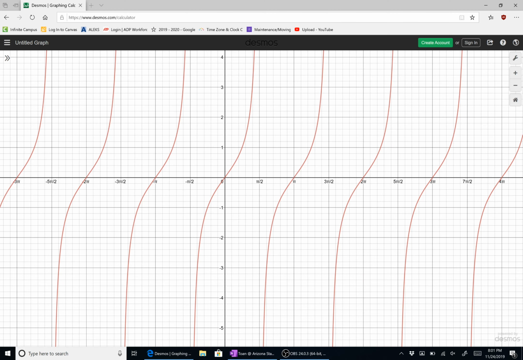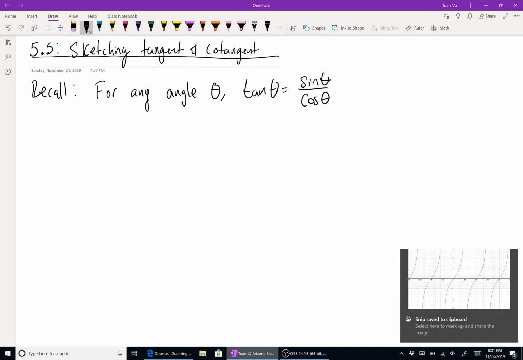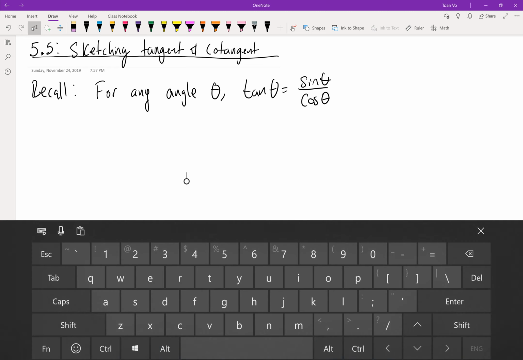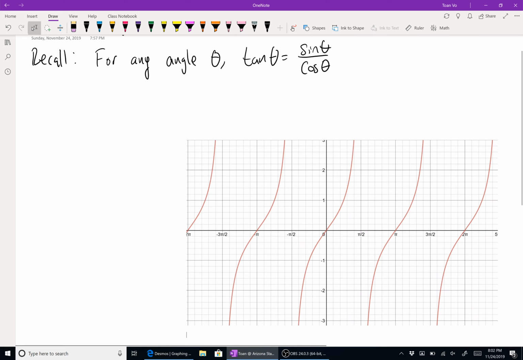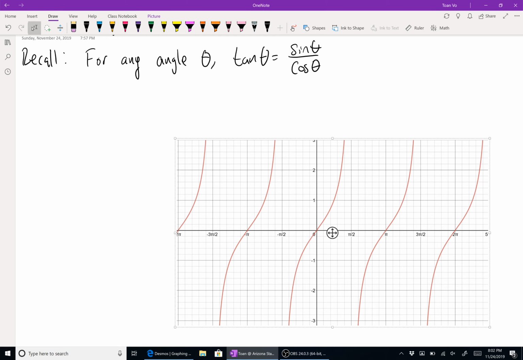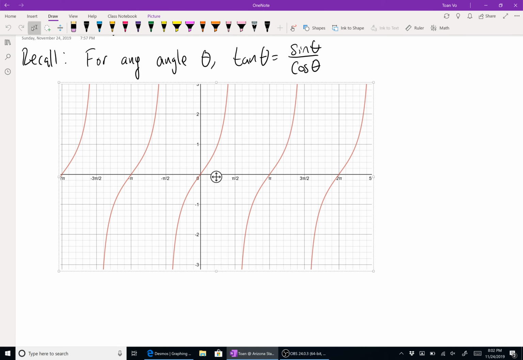I'm just going to include it for the video. So let's paste this here. There we go. So here is basically the tangent function.